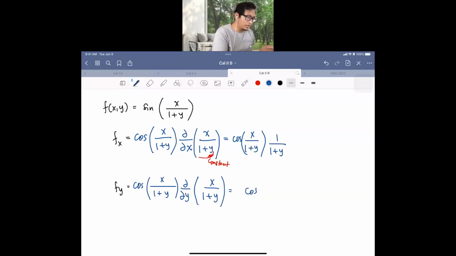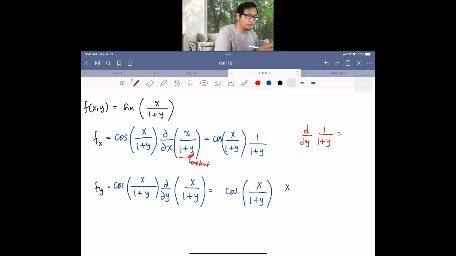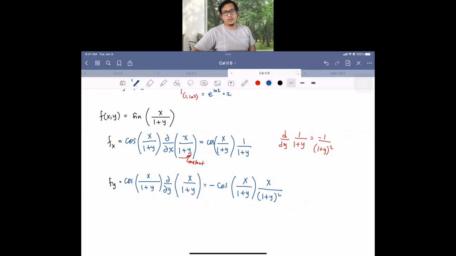We write cosine of x/(1+y), and then the derivative of 1/(1+y) is -1 over (1+y)², so we write negative at the front and divide by (1+y)². Okay, I hope this is clear.